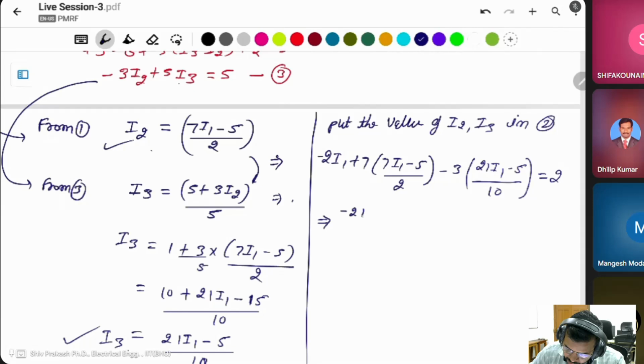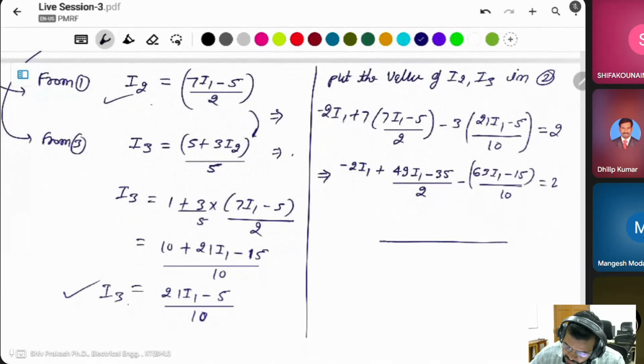This will be minus 2 I1 plus 49 I1 minus 35 divided by 2, minus this will be 63 I1 minus 15 divided by 10, is equal to 2.